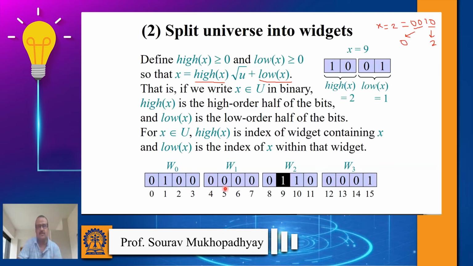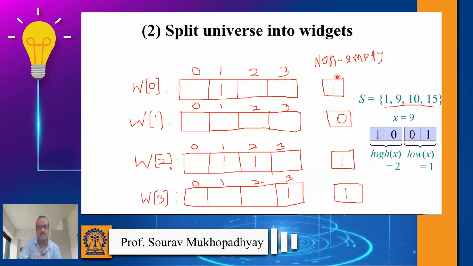If we know for sure that there is nobody in this block, in this widget, then we should not traverse it. So that is the augmentation we are going to do. Basically we are going to have another bit of information for each of these subarrays to indicate whether this widget is empty or somebody is there in this block or subarray.